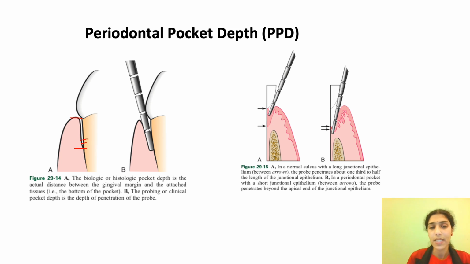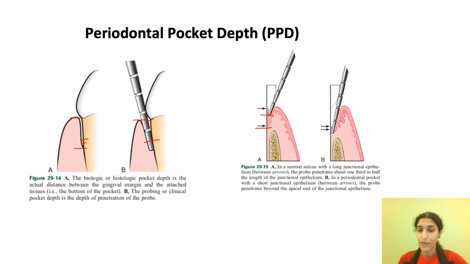So if the probe penetrates until here from the gingival margin, that will be the probing pocket depth. In the second picture you can also observe that the probe penetrates about 1/3 to half the length of the junctional epithelium here. Although the actual attachment is here, the probe is penetrating only until here, isn't it?